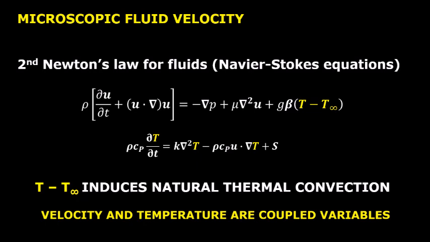That's basically the hydrostatics, how a fluid moves through hydrostatic forces. In natural convection, that hydrostatic term is related to temperature, as you can see in the last term of the Navier-Stokes equation. It's gravity times that beta coefficient, the coefficient of volume expansion, times a temperature difference between the fluid and the far-field fluid.